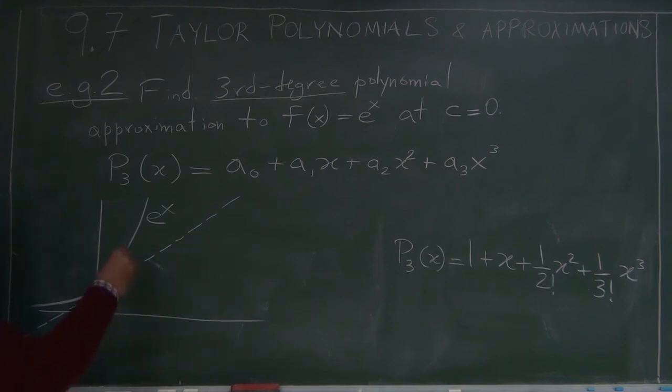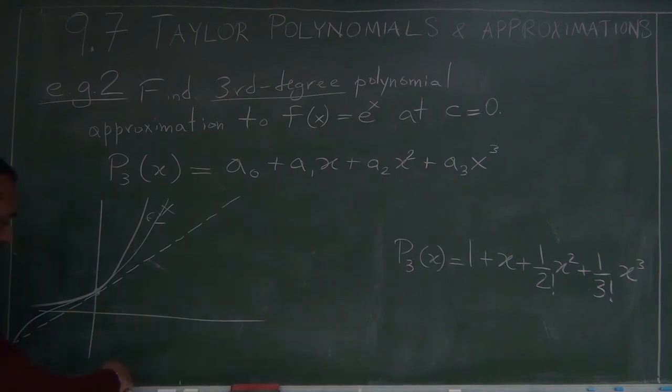This cubic polynomial looks something like this. It's a better approximation in the sense that the deviation from the original function is less. In this range it's closer, even out here it's closer. Of course, at some point, even though it will still be closer than the linear one, it will be so far from e to the x that it's not worth it as an approximation.